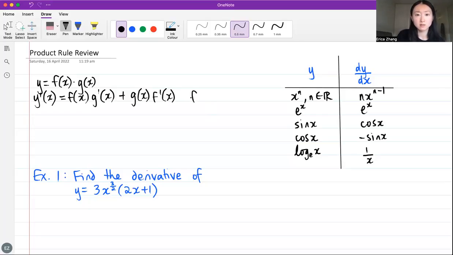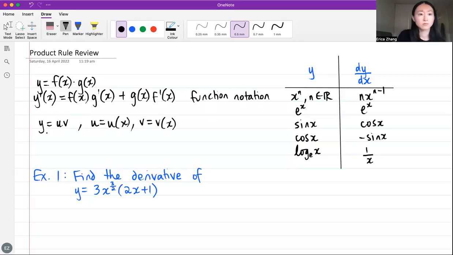And this is expressed over here using function notation, but we can write an equivalent expression using Leibniz notation, writing y as the product of u and v, where u and v are both functions of x. If we use Leibniz notation to express the product rule, it looks like this.